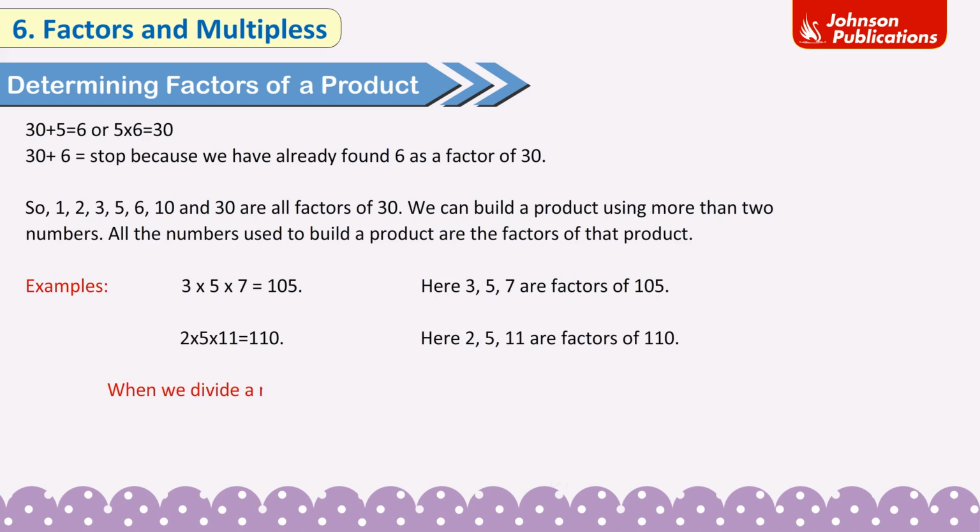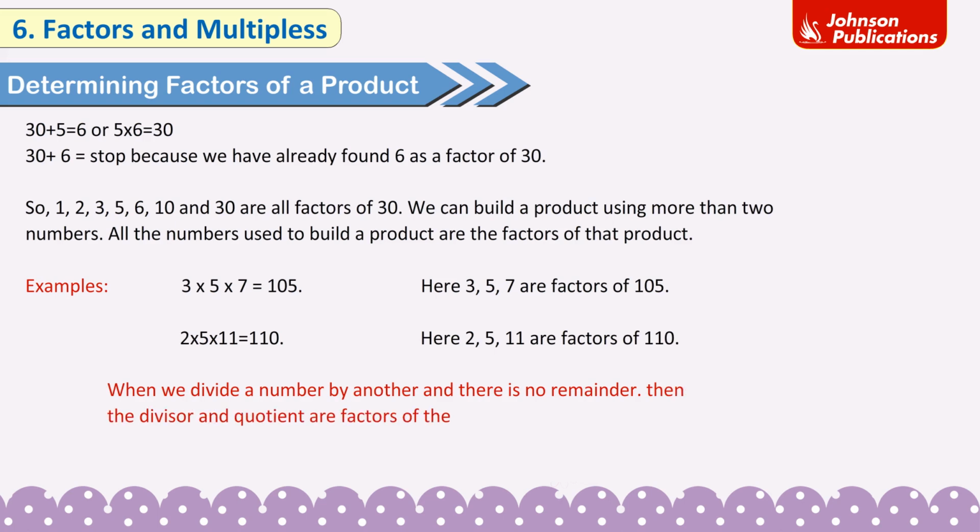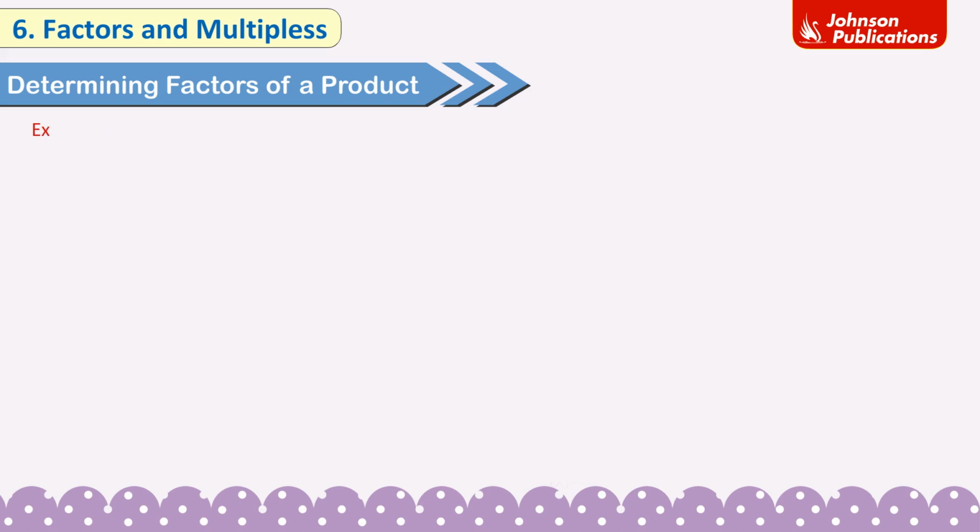When we divide a number by another and there is no remainder, then the divisor and quotient are factors of the first number, that is, the dividend. Example 1. Find all the factors of 40.